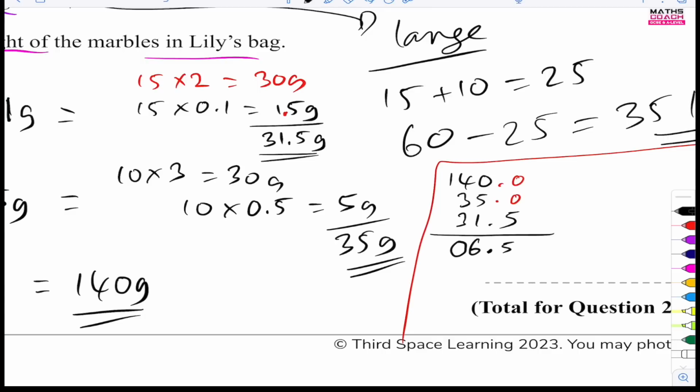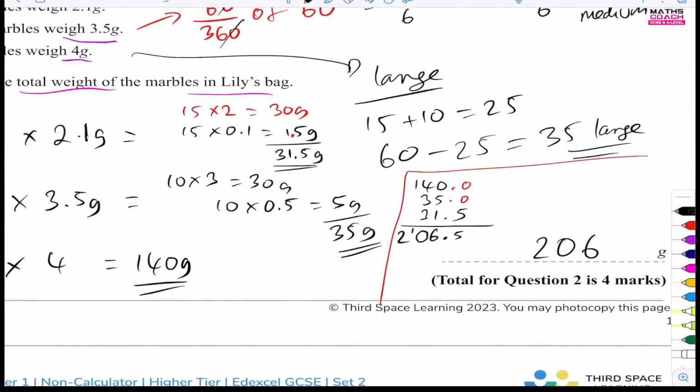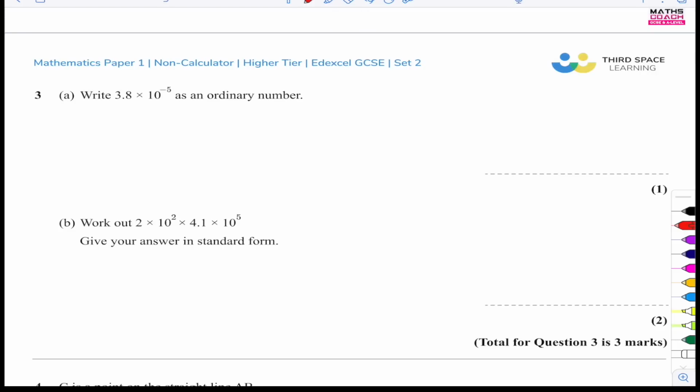So I'm going to put a 0 here. Carry the 1. Some of you carry it right at the top, no problem. And then lastly, 1 plus all of that. There's nothing there, but don't forget to add the 1. So 1 plus 1 is 2. So 206.5. So the total is 206.5 grams.